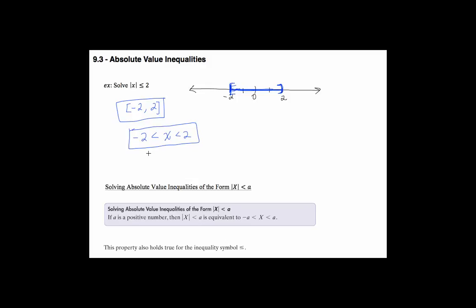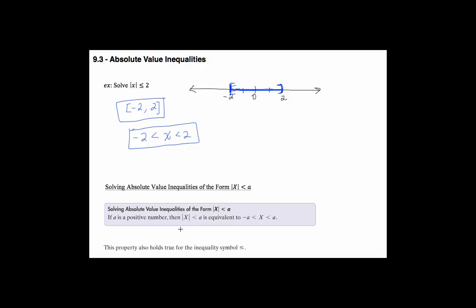Okay, now from this we can extrapolate a method for solving absolute value inequalities that involve a less than or equal to sign with the absolute value on the left. In other words, where the absolute value is less than a number. Less than or equal to. Okay, and here it is right here.